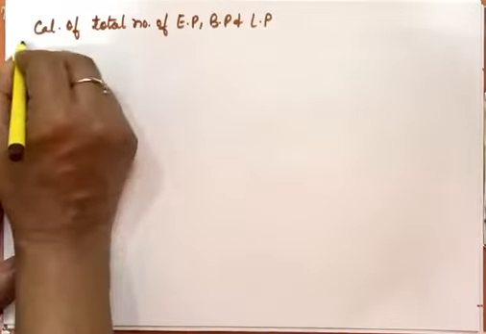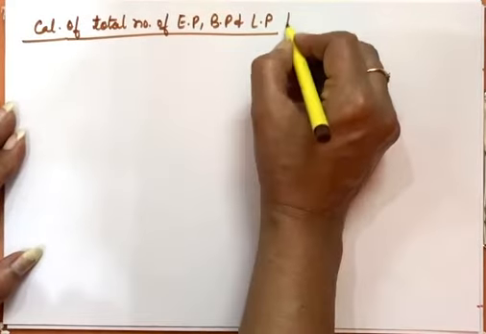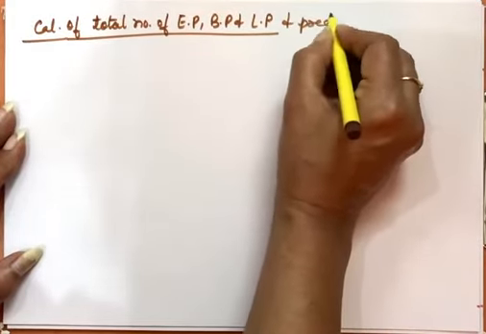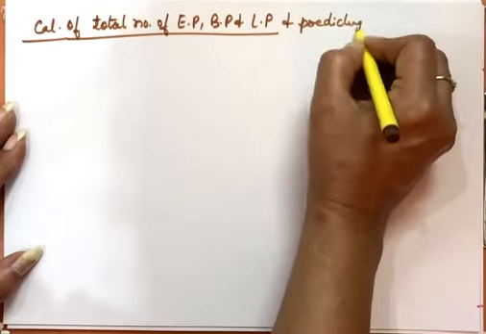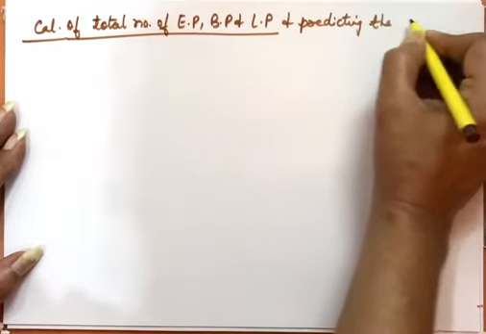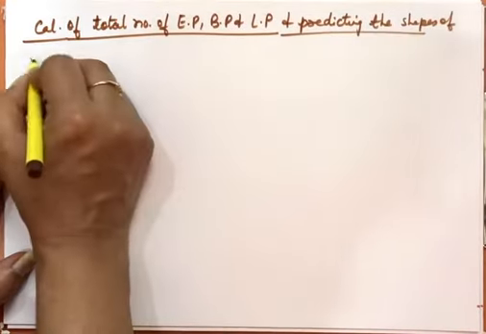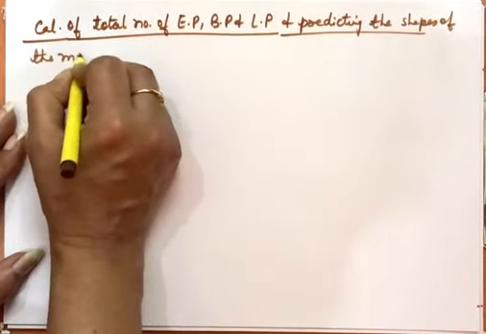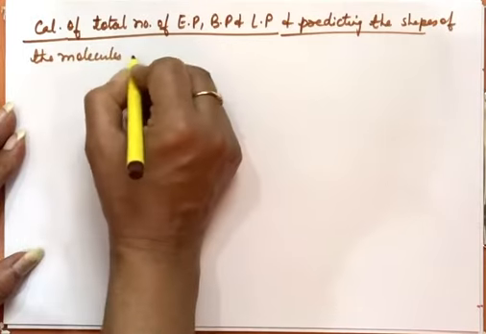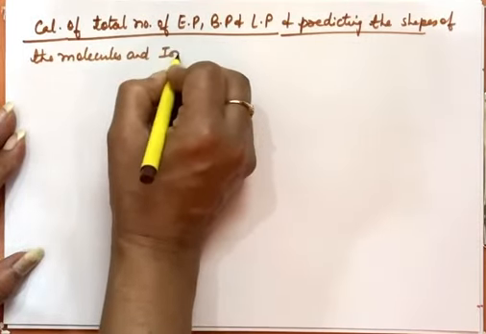We have to calculate these, and if we know this, we can predict the shape of the molecules and ions.